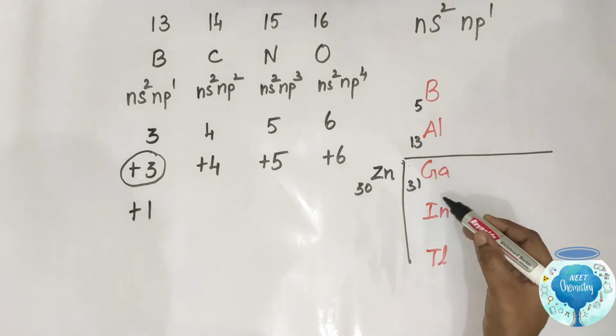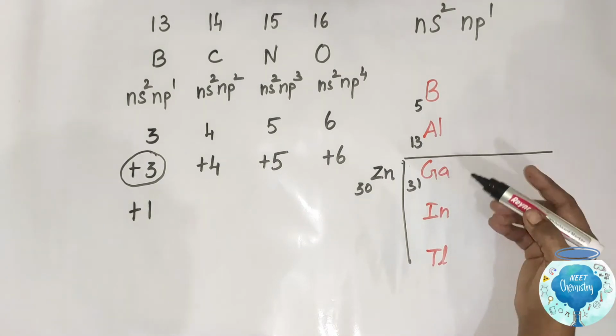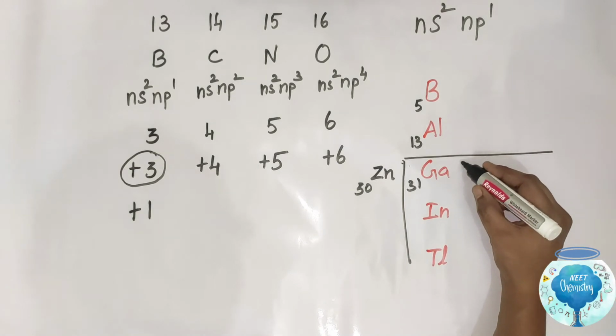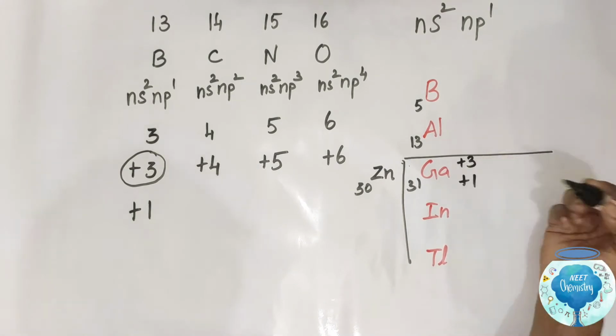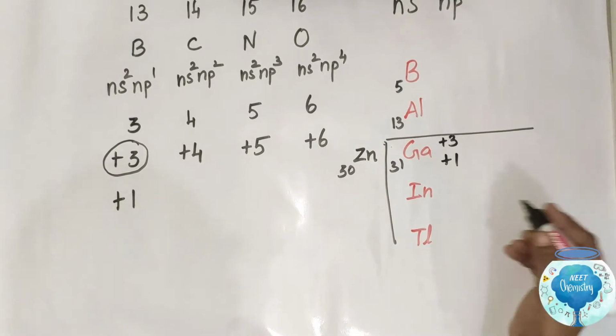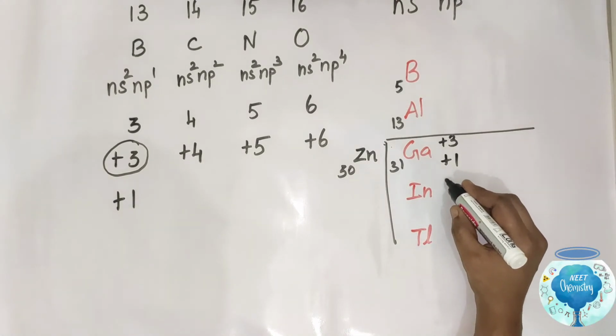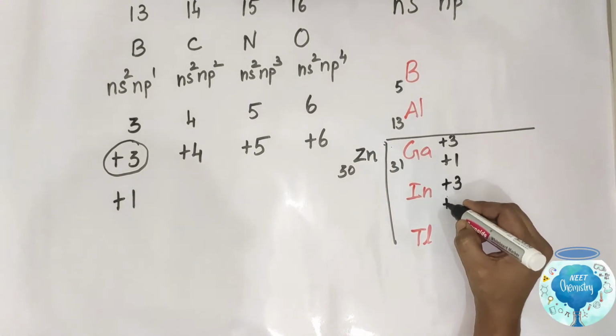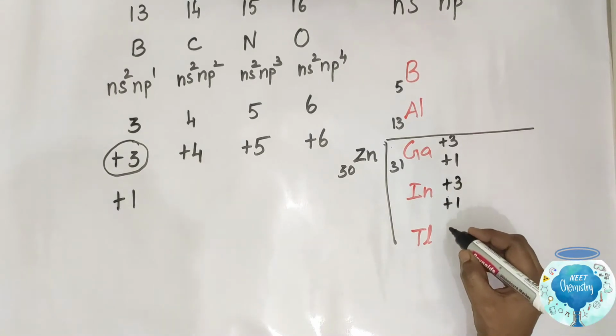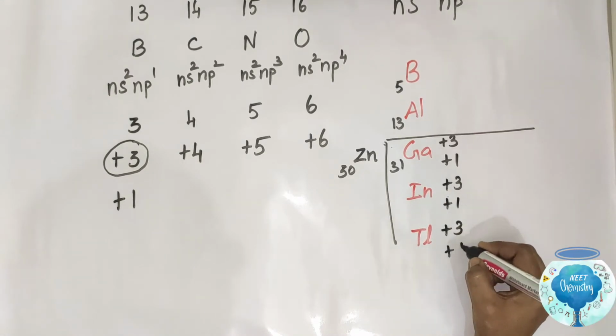The post-transition heavier elements have two oxidation states: one is plus 3, another is plus 1. Likewise, indium has oxidation states plus 3 as well as plus 1. Thallium also has plus 3 and plus 1.